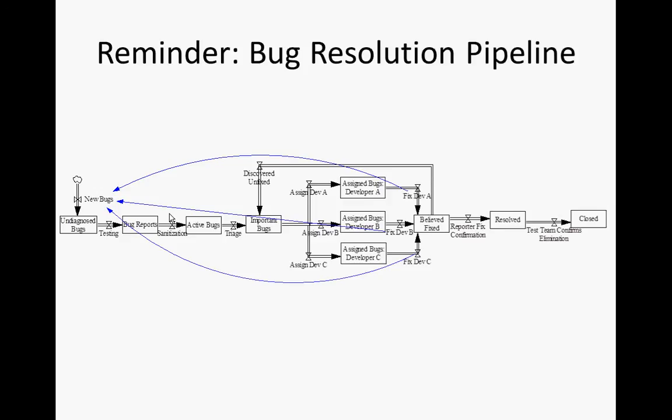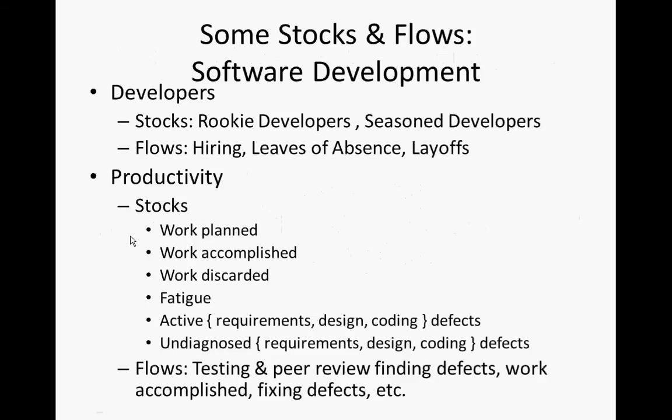So these are derivatives, but there's conservation going on. So a larger value of testing, down here on the lower left-hand side, is going to lead simultaneously to a higher negative part of the derivative of undiagnosed bugs and a higher positive part of the derivative into bug reports. So, when it comes to software development, we have many types of stocks and flows.